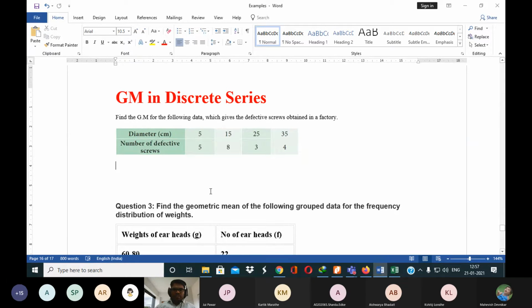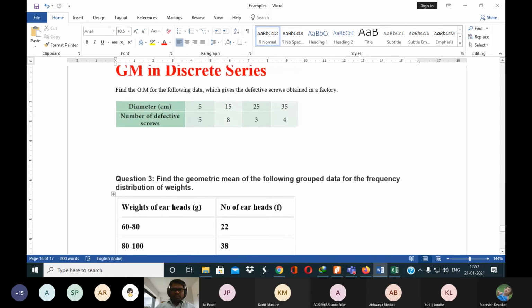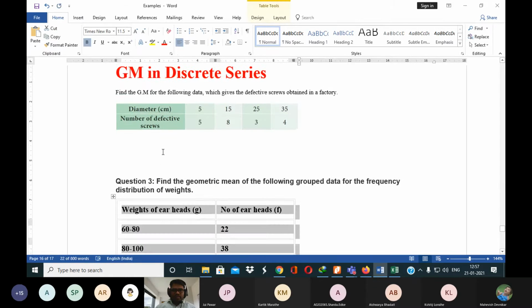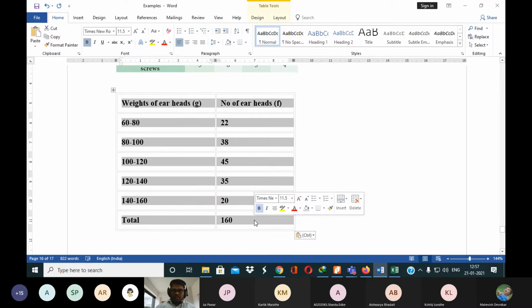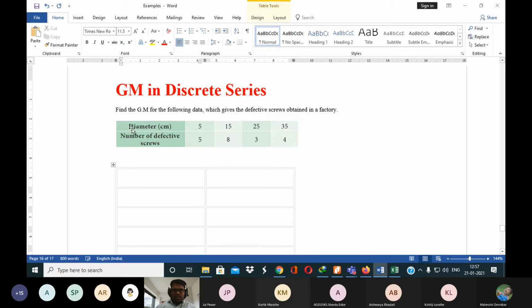Okay, so within that, first you need to write the table in a proper way. So I will just copy the previous table and remove the content. Here first you need to write the diameter of the screw in centimeters, and the number of defective screws.